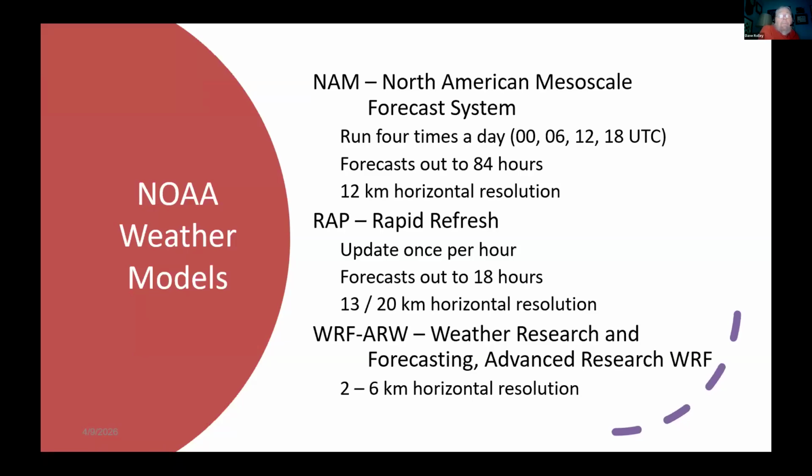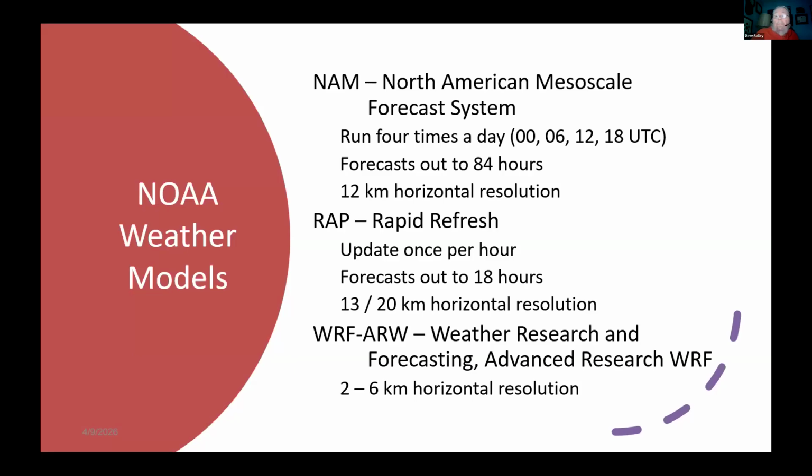And then the WRF, which is the Weather Research and Forecasting Advanced Research Model. When we talk about model grids, the RAP runs at a 13 kilometer grid. The High Resolution Rapid Refresh runs on a 3 kilometer grid, so roughly 2 miles.